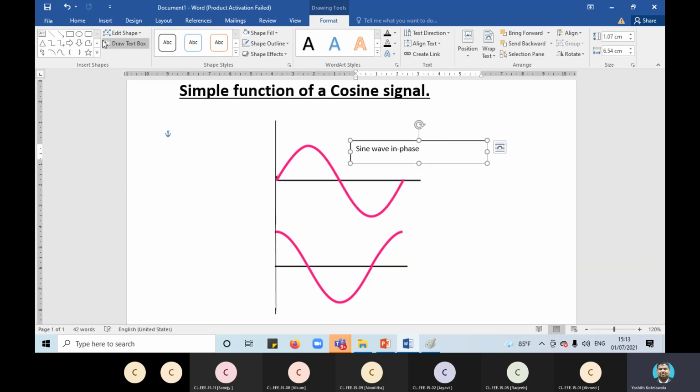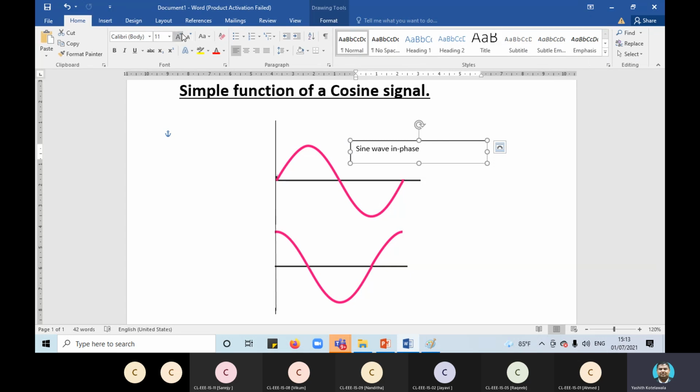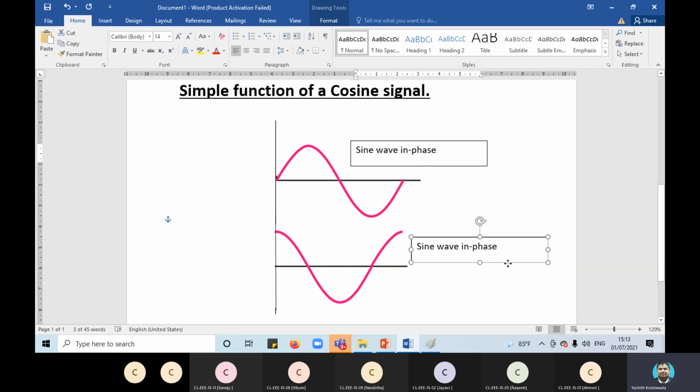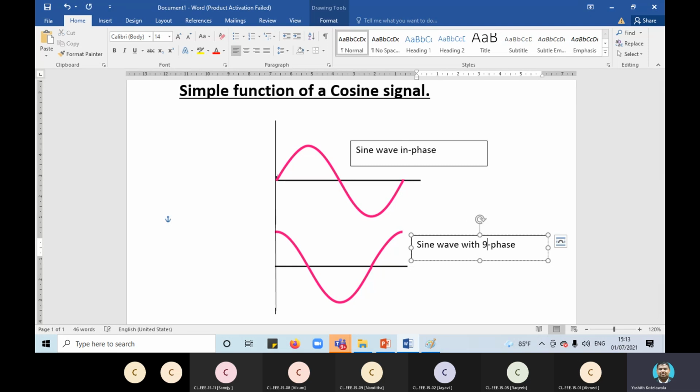This is a sine wave in phase. And this is with 90 degrees out of phase, right?